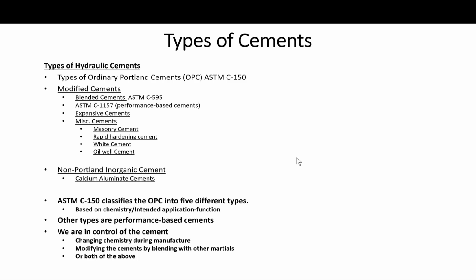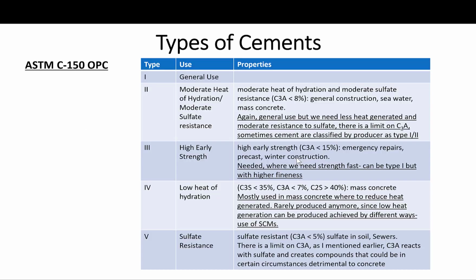So we can do both to come up with a certain cement that suits a certain application. So let's look in a bit of detail at the ASTM C150 types. There are 5 types: 1, 2, 3, 4, 5. Let's go into more detail.